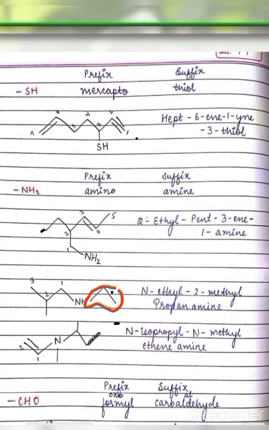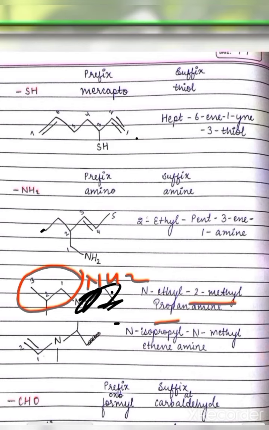This will be a substituent and it's directly attached to the NH group. So N-ethyl for this, and now rub this chain. Now we will look just at this name. So its name will be 2-methyl prop, and treat this as the NH2 group, propamine.